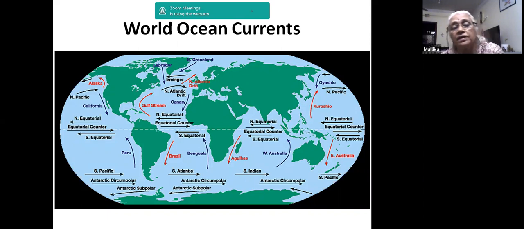If the water is sinking here and warm water is going there, it should go directly, right? So the currents also should be direct. But because we have a wind system in place, the wind pushes the current. I should also say the warm current is formed at the top and flows at the top, and the cold current flows below.